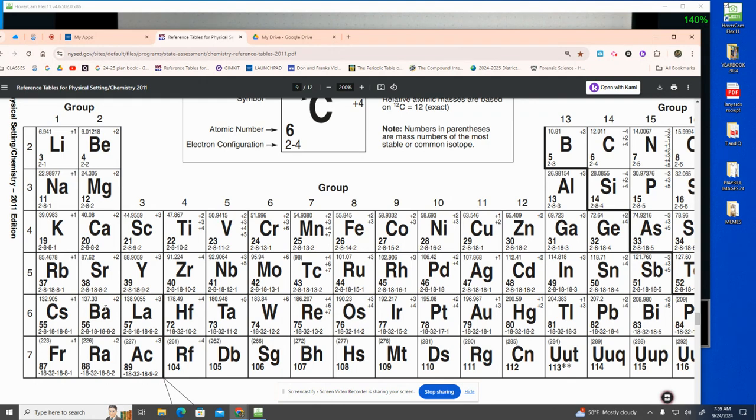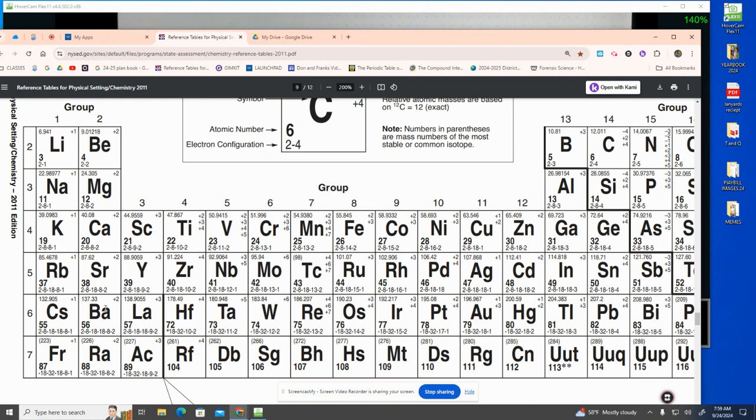I don't like magnesium as my example to start, so let me just quickly draw fluorine because it's probably a better example. So fluorine has 9 protons. I don't know why I started with magnesium. And then in the first ring, that has 2, and then the second ring, we're going to have how many?